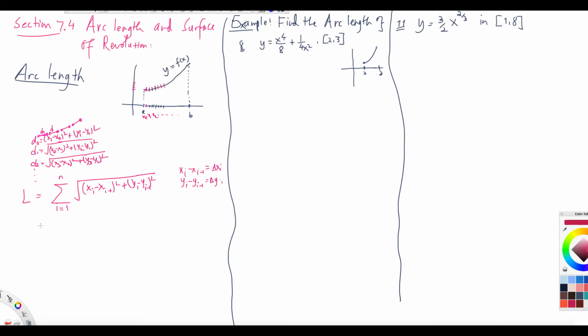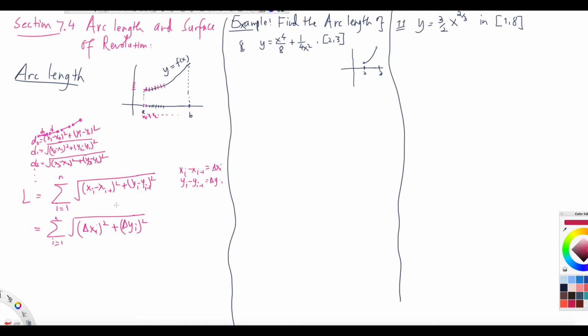Then what do you get? The total length is the summation, i runs from 1 through n, of the square root of delta x_i squared plus delta y_i squared. Did you see that? Now I want to factor delta x_i out.